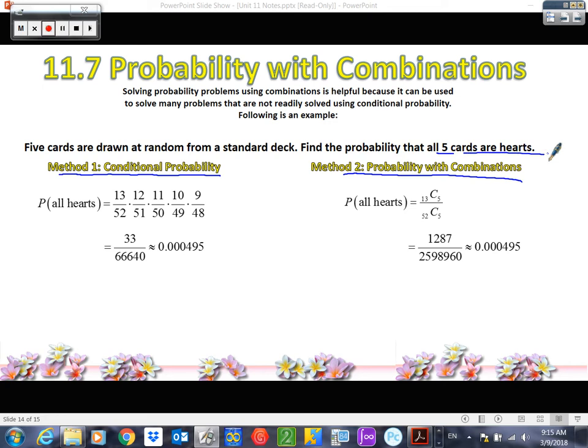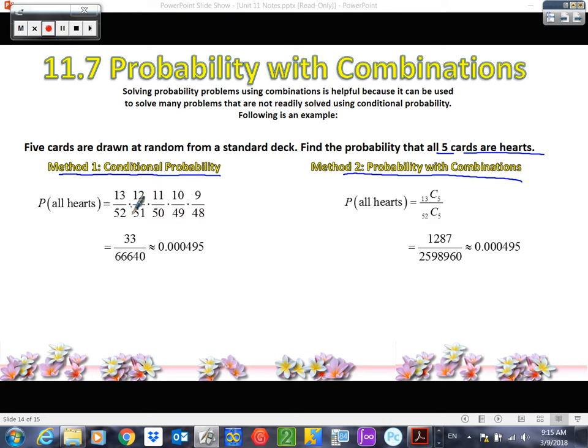So we're going to look at both ways to do it. This is the traditional way where we would think about, okay, what's our first card? Our first card we're choosing out of 52, and I have 13 cards to choose from. So this would be the probability of getting a heart, 13 out of 52 for one card.